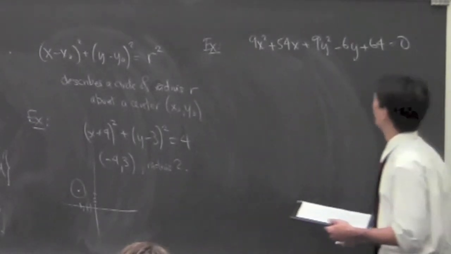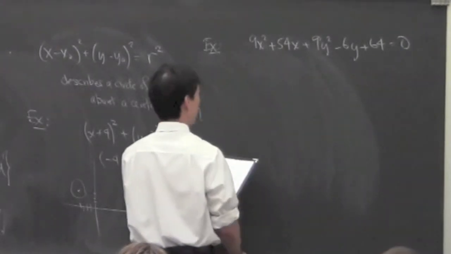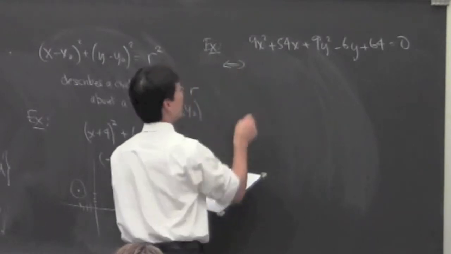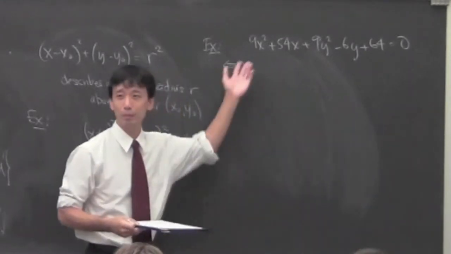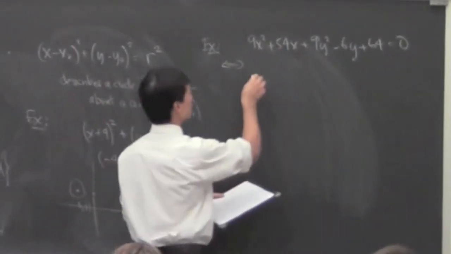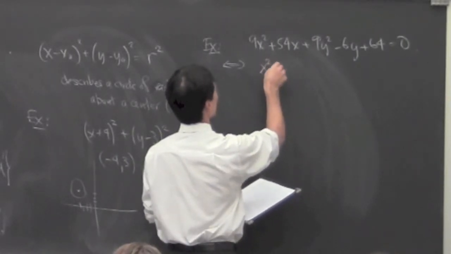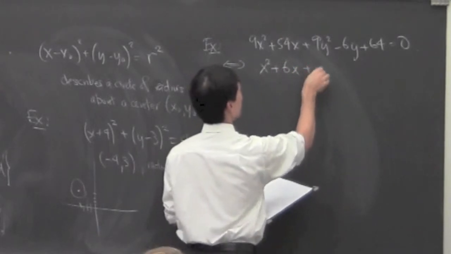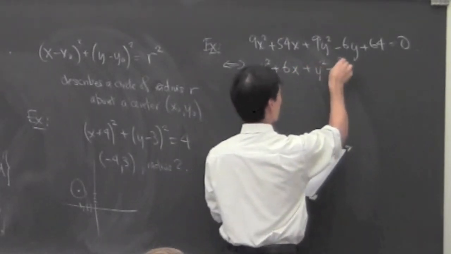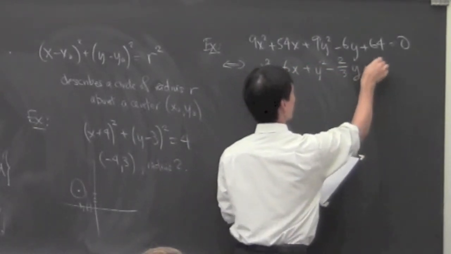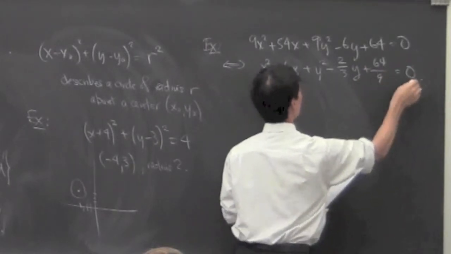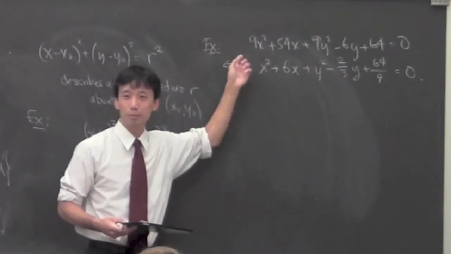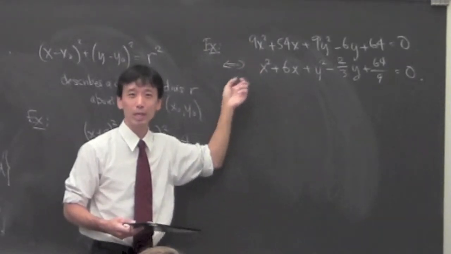And you say, okay, I'm just going to divide by 9 because I can divide both sides by the same number, to make this look more like something that I would like. So I get x^2 + 6x + y^2 - 2/3 y + 64/9 = 0. These two have the same solution sets because I multiplied both sides by the same number, 1/9.